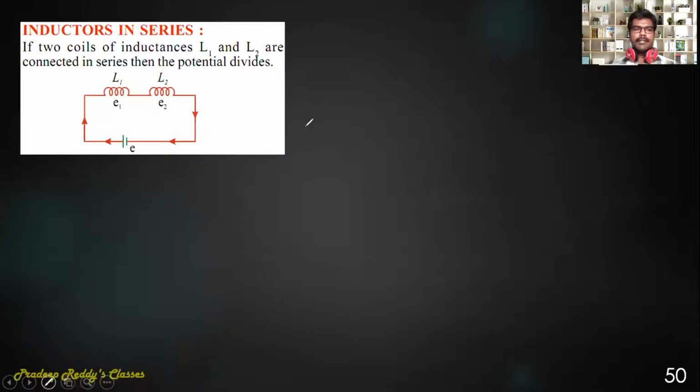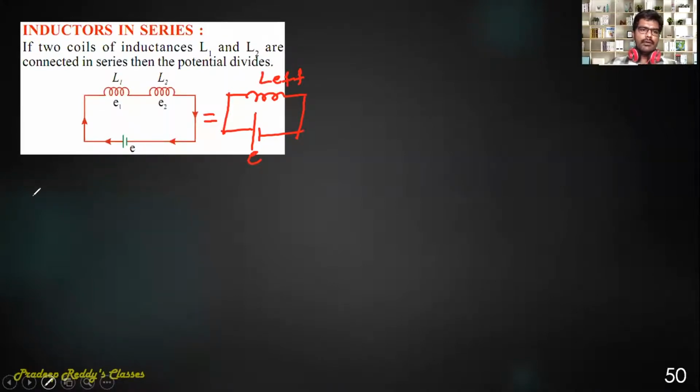Now let us see what happens when you are connecting two inductors in series. When you are connecting two inductors in series, the effective circuit can be redrawn like this. This is the total EMF which you are providing, and here you can write L effective, where L effective is the effective inductance of these two inductors connected in series.